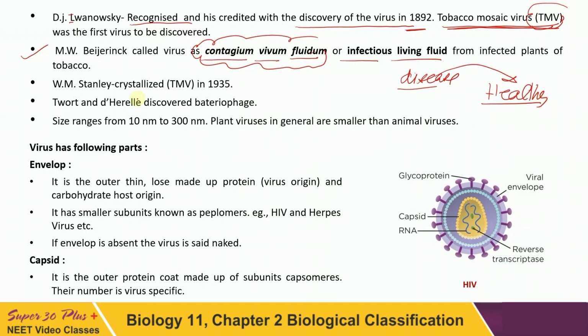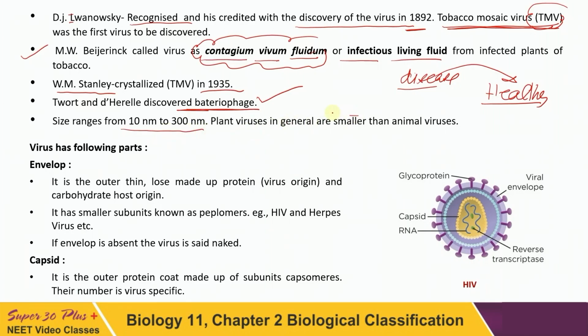TMV was crystallized by Stanley in 1935. Twort and d'Herelle discovered the virus which infects bacteria, known as bacteriophage, and the size of viruses ranges between 10 nanometers to 300 nanometers.